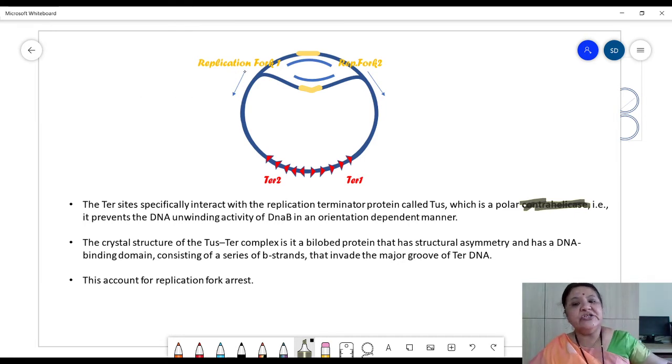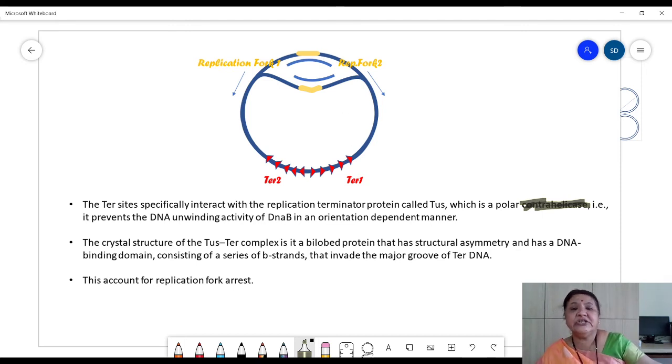Now, if this replication fork moves fast, it is going to be arrested over here. And this other replication fork, which is moving slowly, will go and meet with the replication fork that has been trapped over here. So both will get stuck. Which replication fork reaches its site first depends on where replication termination will occur.